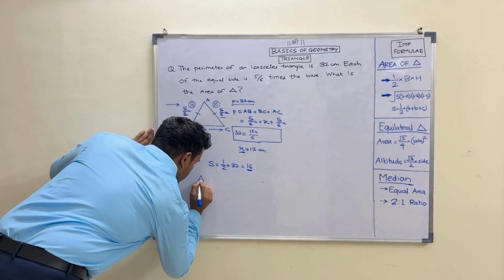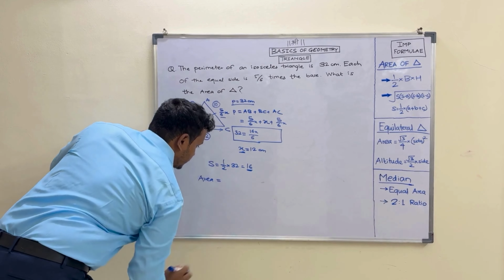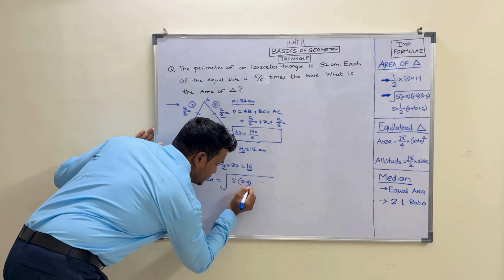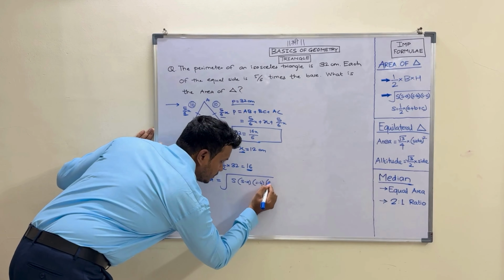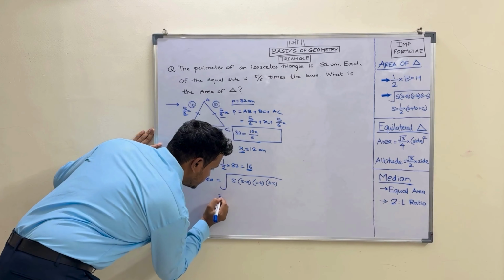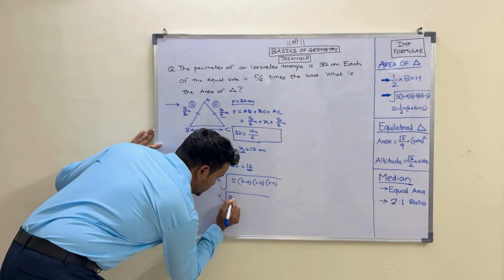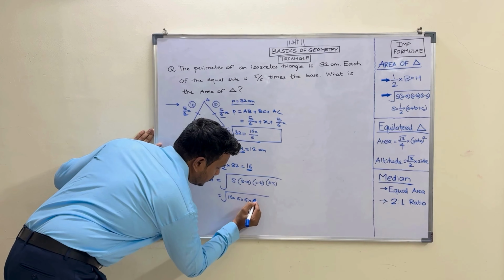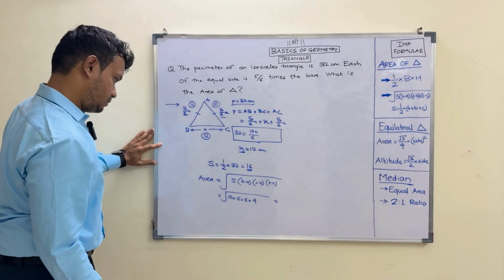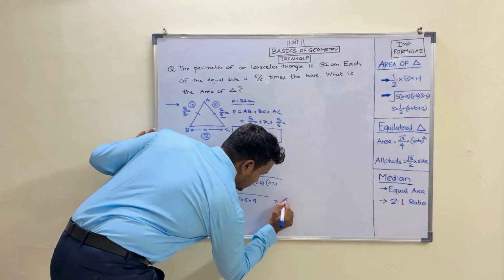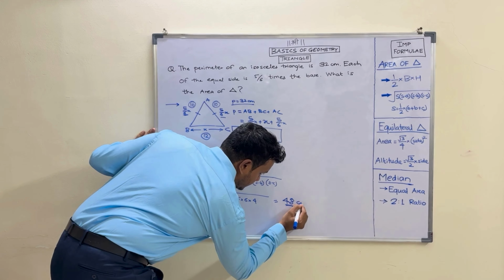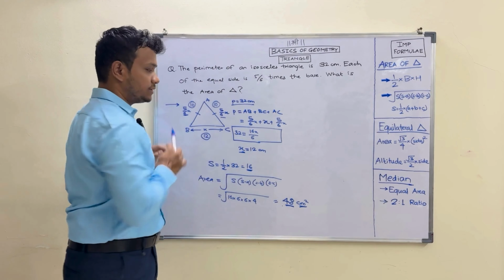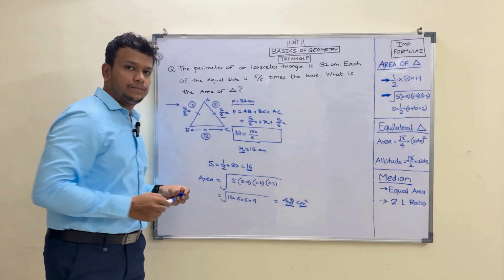Area will be root of s into s minus a, s minus b, s minus c. So I'll just put the values here. It will be root of 16 into 16 minus 10, which is 6, then again 6 into 4. Which will give me 48 centimeters square. So this is the area of this isosceles triangle. This is our final answer.